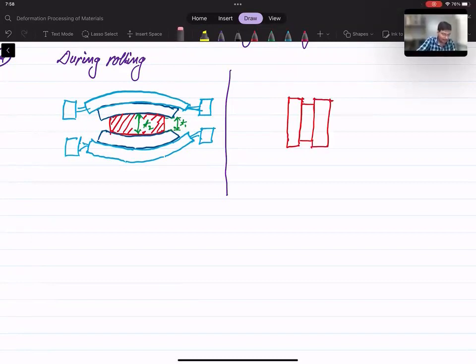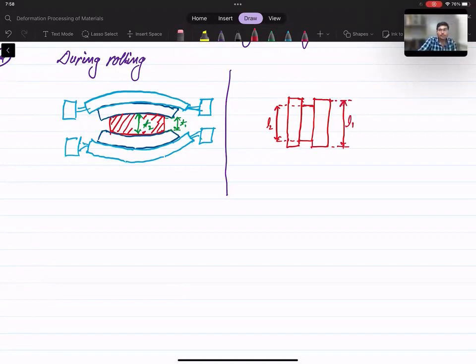This is the central part, and the remaining two sides are the edges or side parts of the workpiece. So let us say this length is L2 and this outside length is L1.